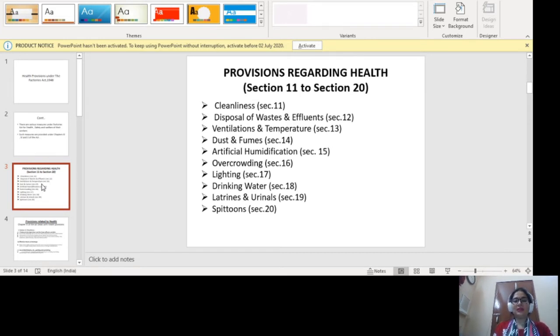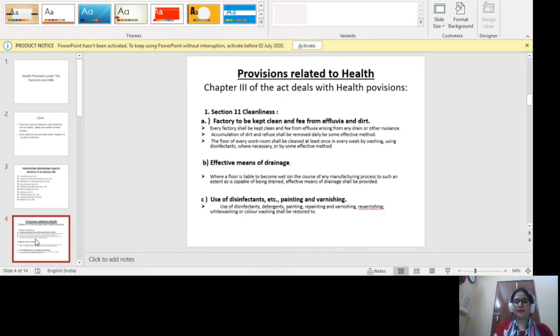The various provisions relate to cleanliness, disposal of waste and effluents, ventilation and temperature, dust and fumes, artificial humidification, overcrowding, lighting, drinking water, latrines and urinals, and spittoons. Chapter 3 of the Act deals with the health provisions. Starting with the first measure, that is Section 11, cleanliness.